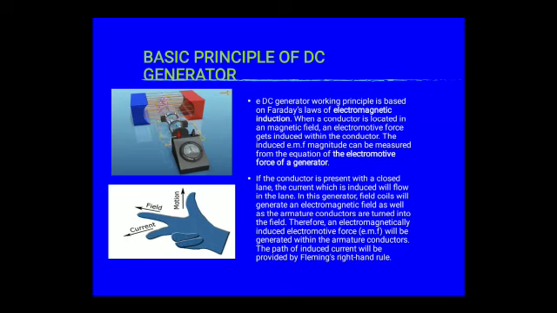Between these two poles there are several magnetic lines of force, or magnetic flux, and a conductor is rotating between these two poles by mechanical force. It cuts the magnetic flux, and then a voltage is induced.